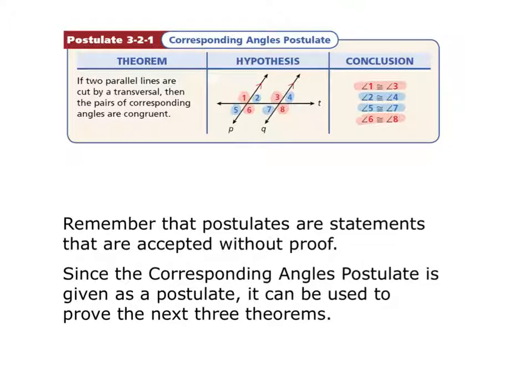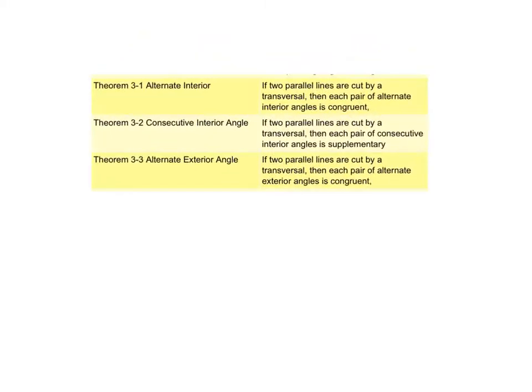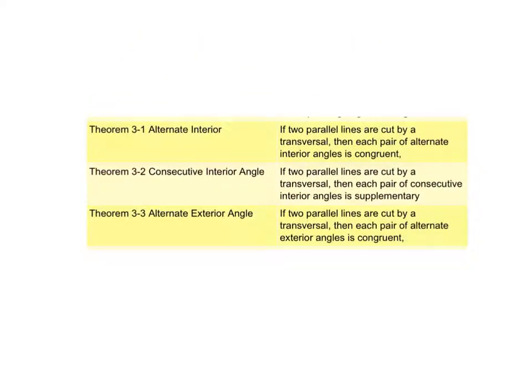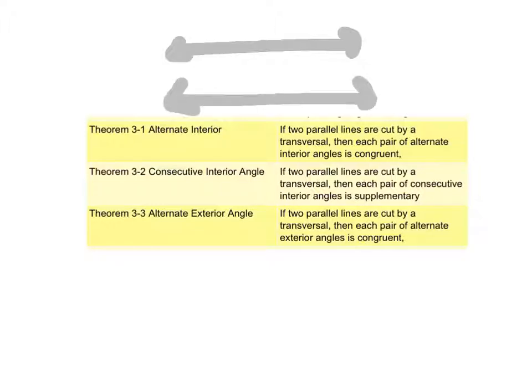So remember that postulates are statements that are accepted without proof. Since the corresponding angles postulate is given as a postulate, it can be used to prove the next 3 theorems. So theorem 3.1 is the alternate interior theorem. If two parallel lines are cut by a transversal, then each of the alternate interior angles is congruent.